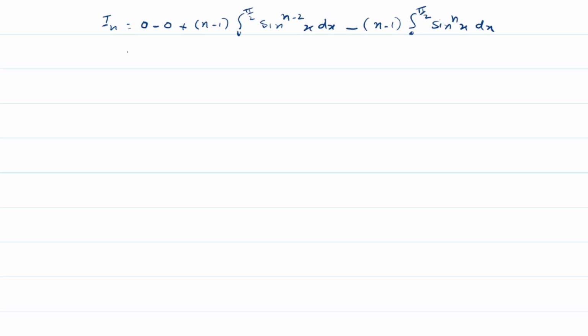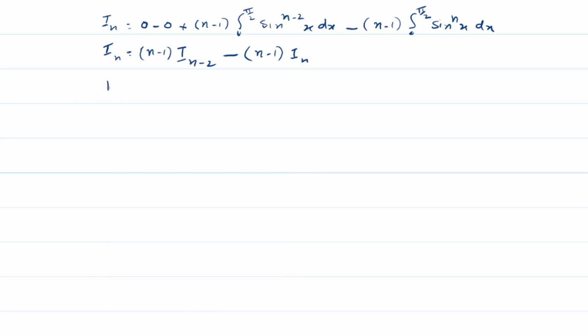So this is equal to (n-1) by symbol. We can write this expression of I_{n-2}, and the left side is I_n, then (n-1) multiplied by I_n.